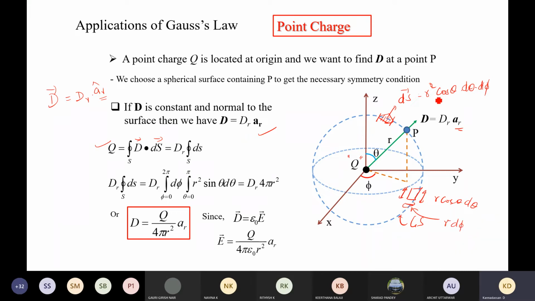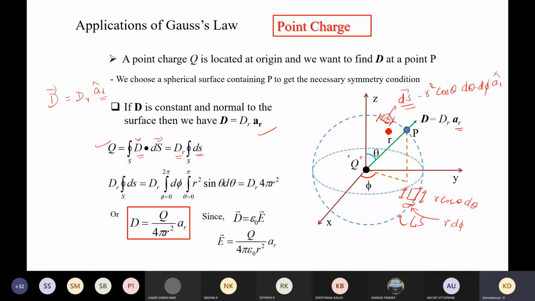When you multiply, you will get r square cos theta d theta d phi. This will have AR vector as the perpendicular vector. So we multiply this ds vector and this d vector, and you will get d, the magnitude, and AR multiplied will give 1, so solely your integration of ds matters.